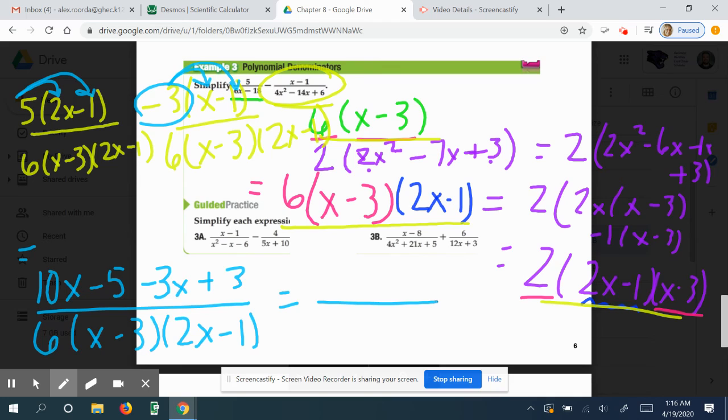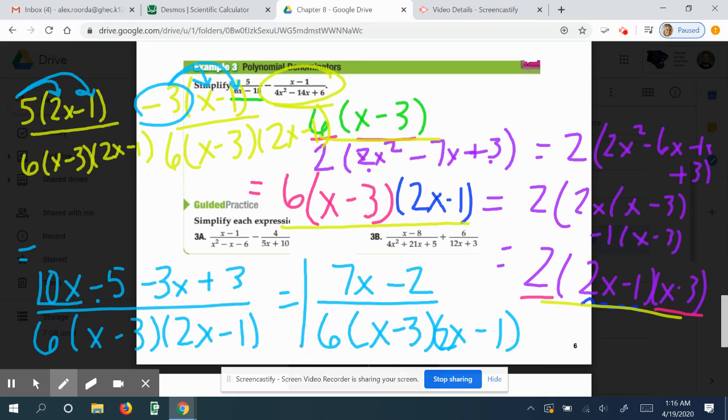Okay, and so then 10x minus 3x is 7x, and then minus 5, and then plus 3 would be minus 2, all over the bottom. So this is the end of my subtraction problem right here. All right, a couple guided practice problems for you to try.